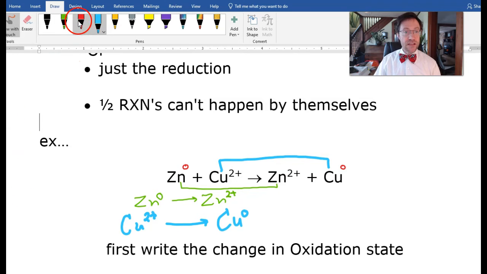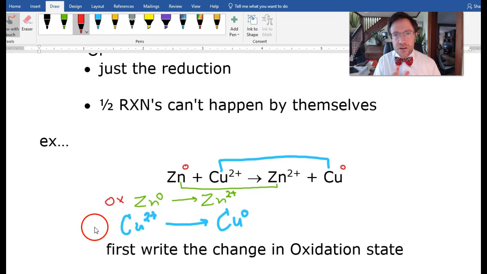Let's double check how much knowledge we retained. This is going from 0 to +2. Is that reducing? The charge is definitely not being reduced, so I'm going to call this oxidation. And here, the copper is going from +2 to 0. The charge is definitely being reduced, so I'm going to call that reduction.